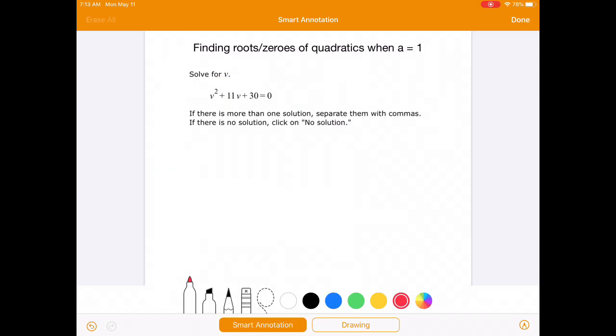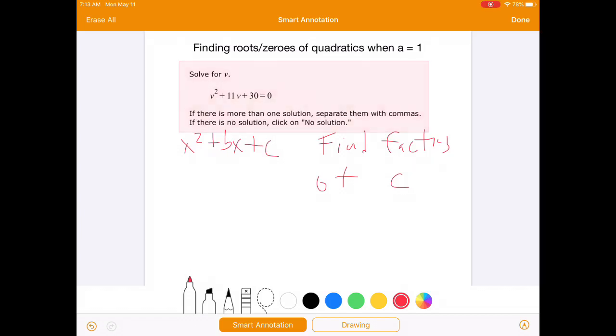If you remember, when we have ax squared plus bx plus c, and we don't have the a here, all we're looking at is that we need to find factors of c, so in this case of 30, that have a sum of b.